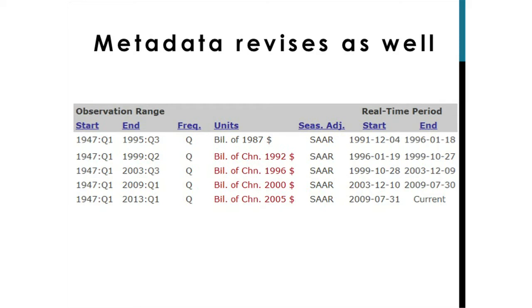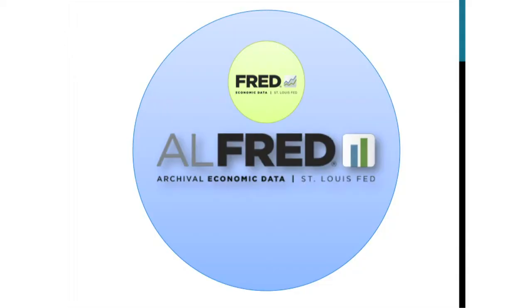And in fact, the BEA is going to announce a new unit in August, which means we have to go through the entire database and change a lot of things. It's a lot of work. So all of this, when these changes are made, they go directly into the database, and they go into Alfred. So they are archived for posterity.